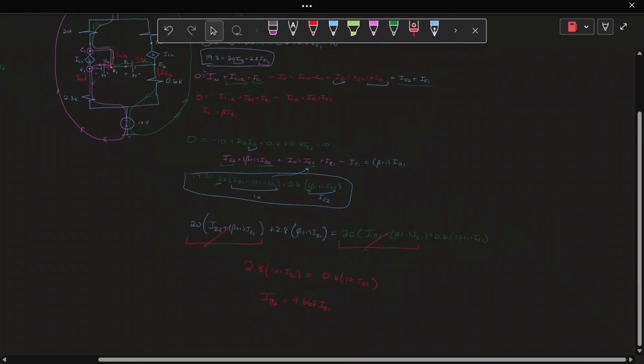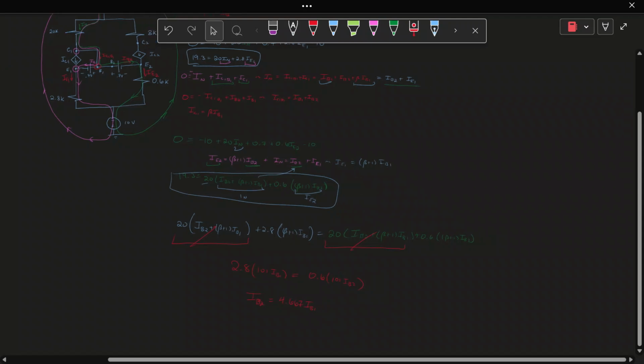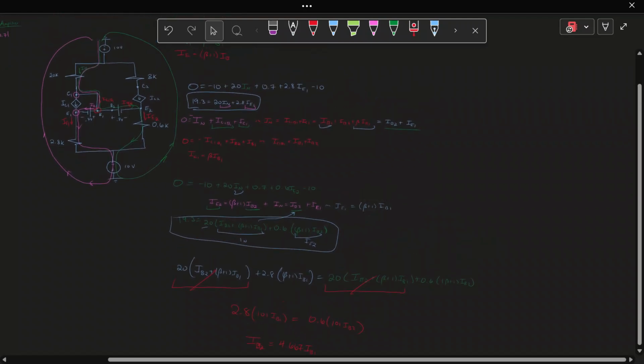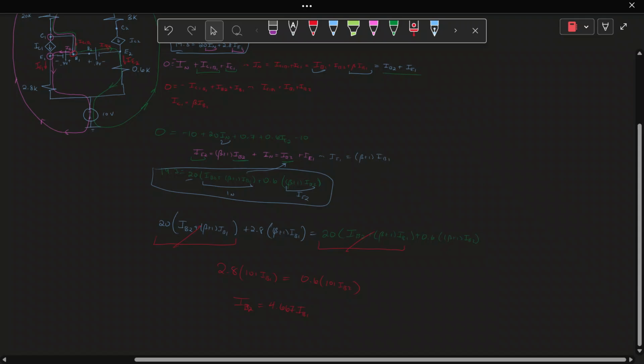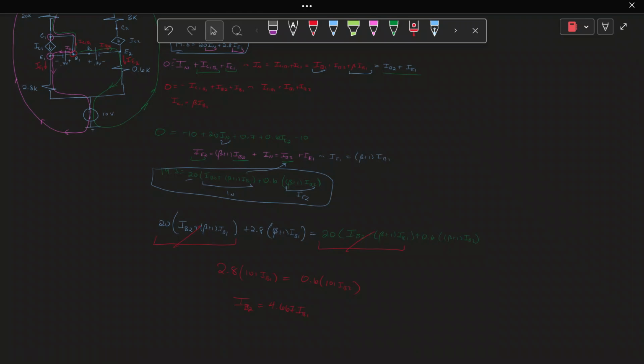Well, we found a ratio between the two. Now, I know this is kind of tedious, but what we end up having to do is plug it back into either of the equations, the green or the blue, for IB2, and solve for IB1, because now we have two equations and two unknowns.